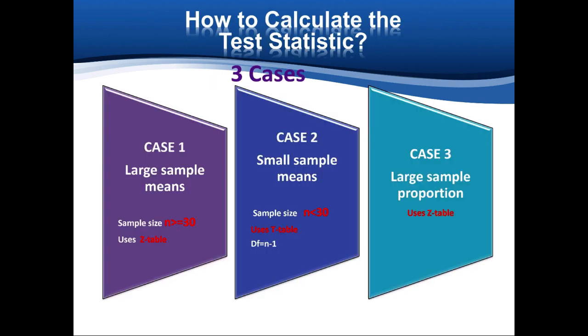Here we have 3 different cases, similar to Chapter 7. Case 1, large sample means problem, where n is bigger or equal to 30, and we use z-table. Case 2, small sample mean case, where we use t-table.